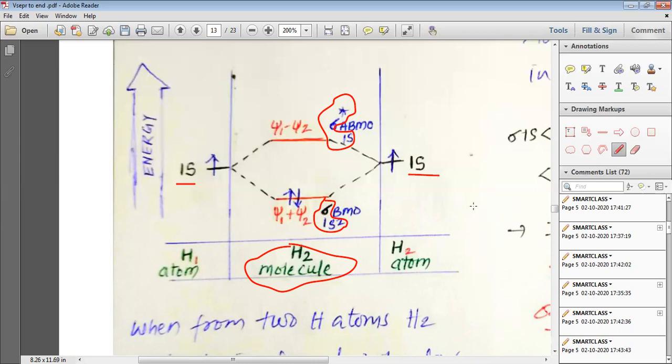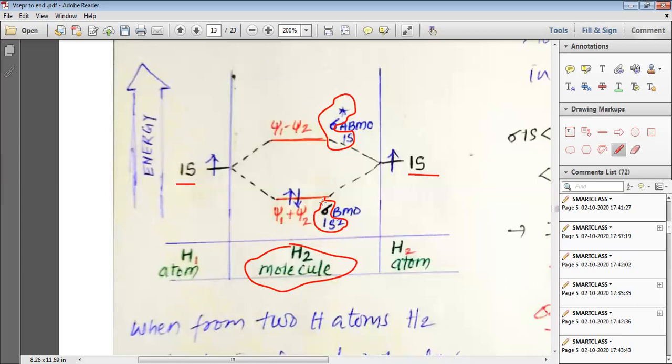So this is how, my dear students, according to the LCAO, the linear combination of atomic orbitals, atomic orbitals combine linearly to form molecular orbitals, and there are two types of molecular orbitals formed. One is known as bonding molecular orbitals, another is known as antibonding molecular orbitals. Bonding molecular orbitals have lower energy as compared to the atomic orbitals from which they are formed.